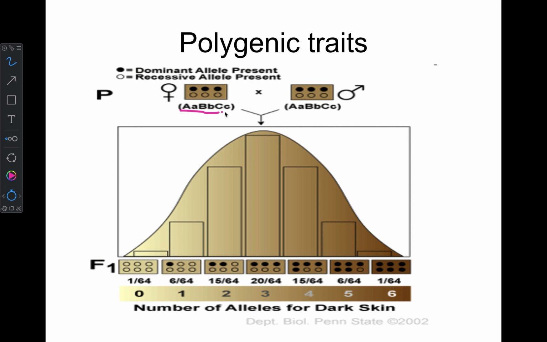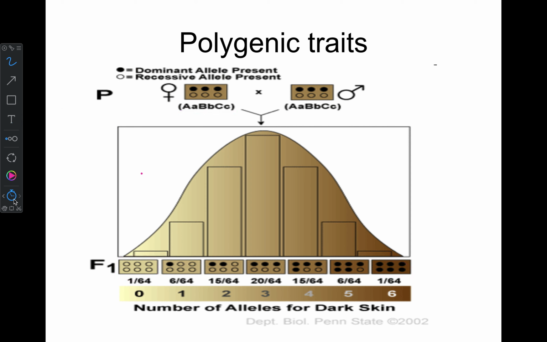Right, this example is these 3 genes, A, B, and C, are involved in determining skin color. So you can have really light skin, or you can have really dark skin, and it's a combination of the phenotypes and genotypes of all 3 of these genes, right? And there are more than 3 genes. This is just a simplified example.